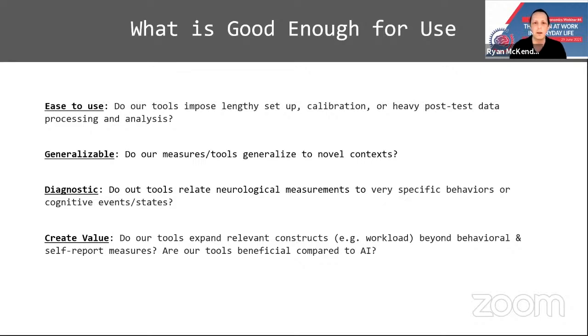This is another one that I get to experience a lot very personally, which is, when you're developing these tools, and this relates to the last one, am I going beyond just what someone could tell me, or just being able to observe someone's behavior? Raja talked about this a lot. We always have to be able to describe how our neurophysiological metrics contribute beyond what can be just seen with behavior, beyond what can be communicated.